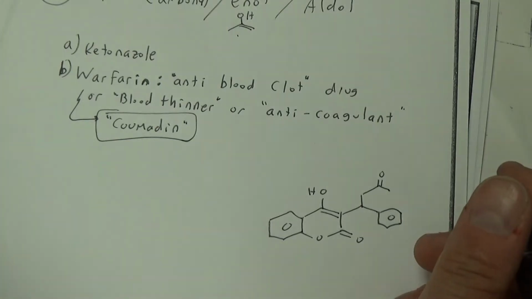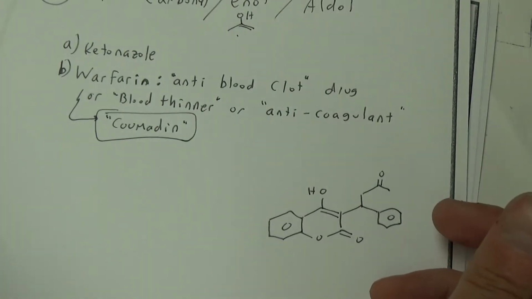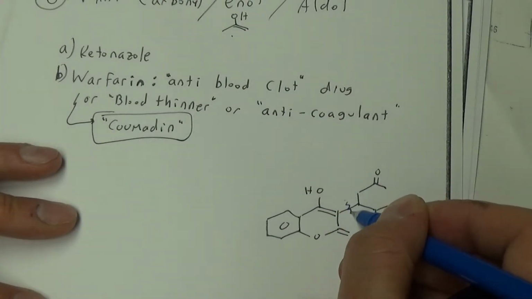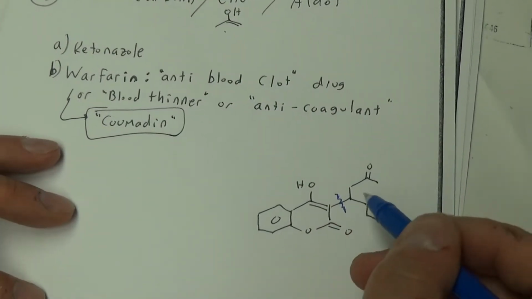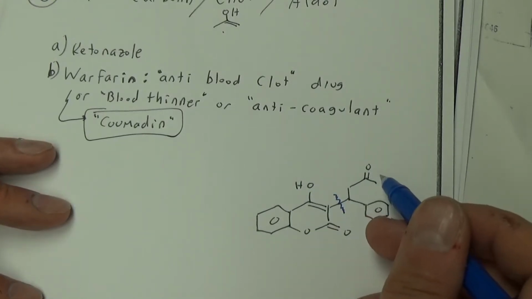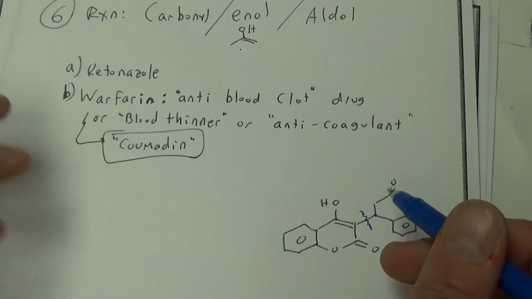So they can make it in a single step by disconnecting right there. They take the left piece and react it with the right piece, and it just makes the product.